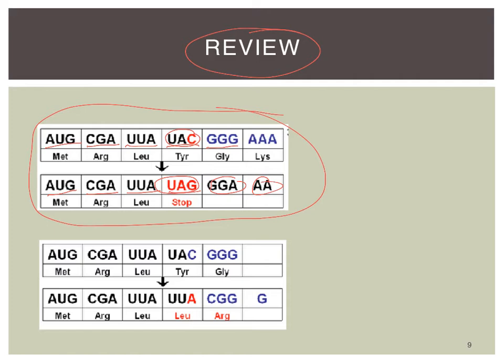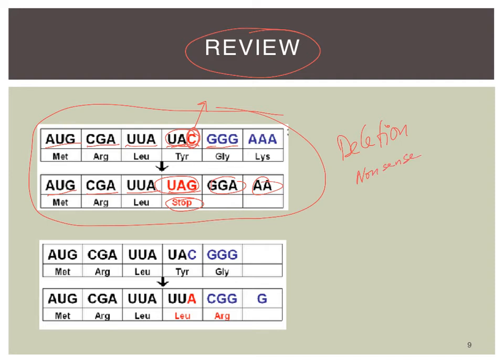What type of mutation was this, and what happened? Well, this is a point mutation. This is a deletion. What happened was this C was removed to form UAG, and rather than coding for tyrosine, it gave a stop codon. So this is a deletion. And since a stop codon was put in instead of an amino acid, this causes a nonsense mutation.